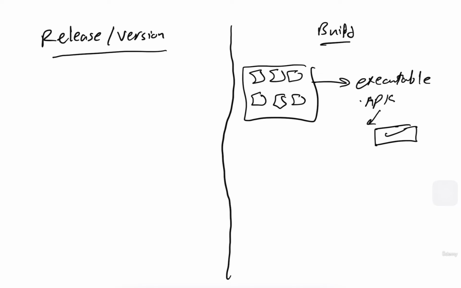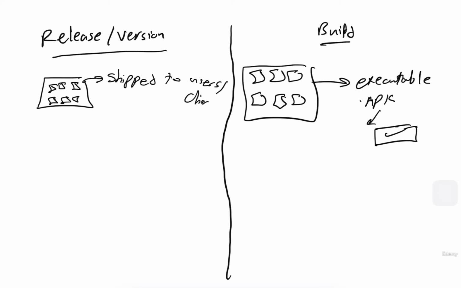On the other hand, the version is something that is developed also, but it's going to be shipped to users or client.